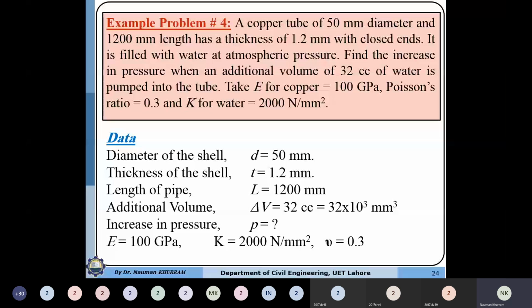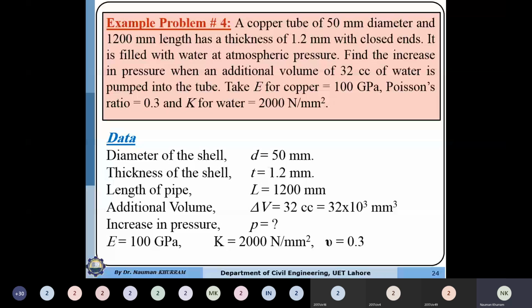But when we are pouring in extra fluid, or exerting pressure, then vice versa: when you exert the pressure, the volume of the water will reduce and the cylinder will expand, so you need to inject extra fluid.